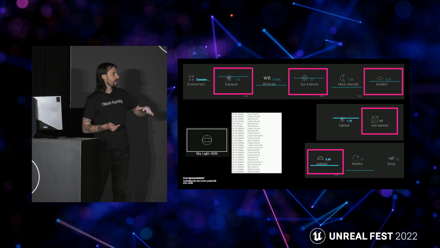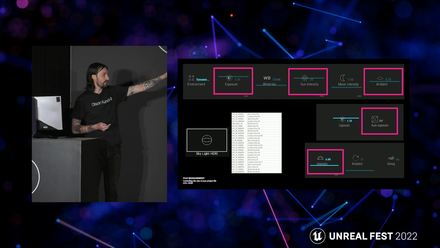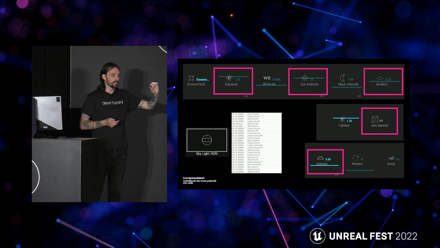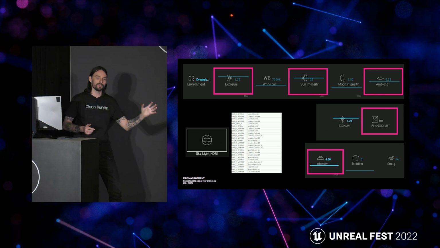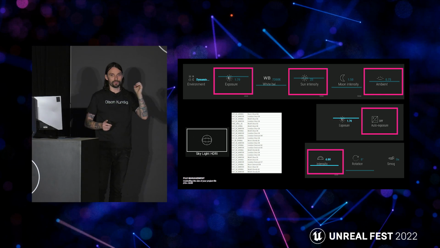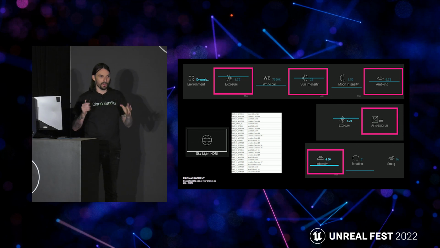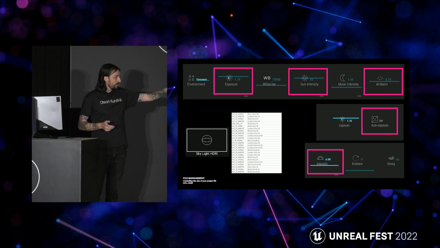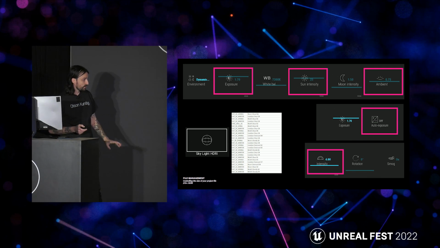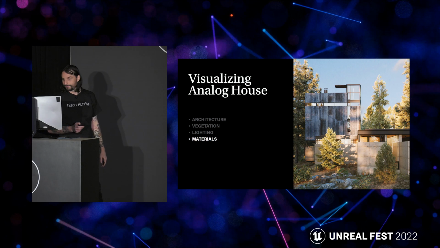But once you drag and drop that HDRI, you need to adjust every single one of these parameters a little bit in any direction, and then you will see the HDRI do what it's supposed to. Because right when you drag and drop, you'll see it change, but just know that it's not the way it's supposed to look. And each HDRI needs to be a little different. So just a little heads up.